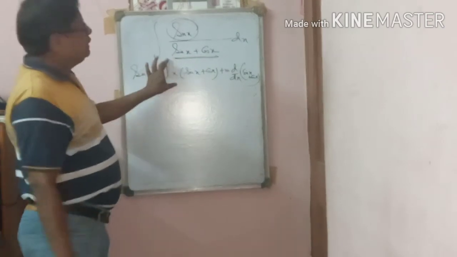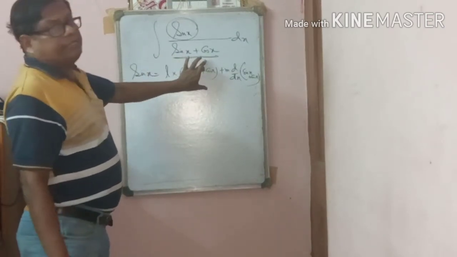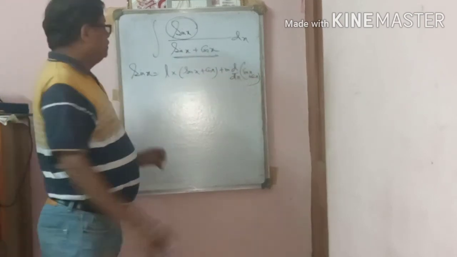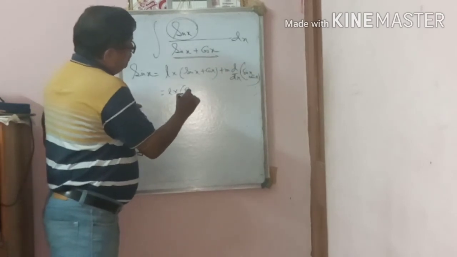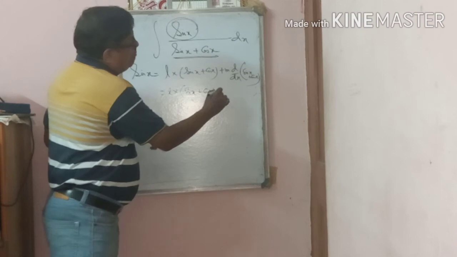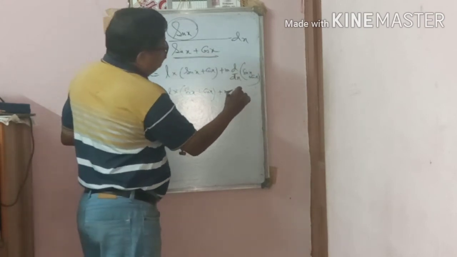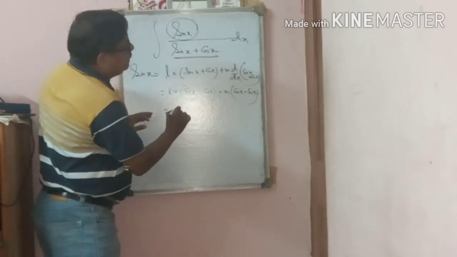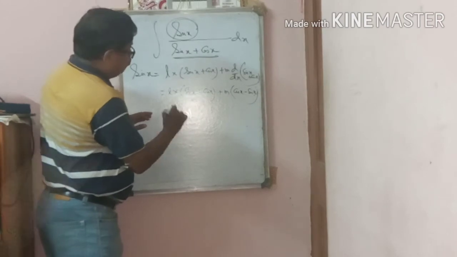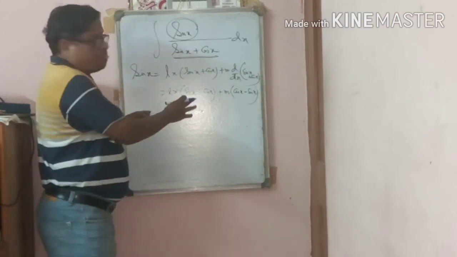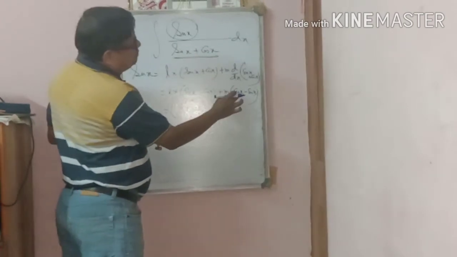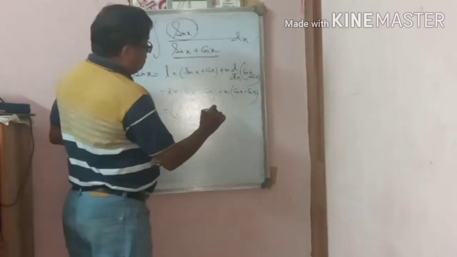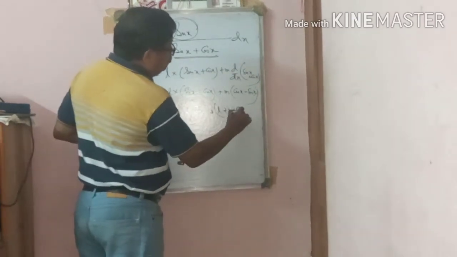So L into sin x plus cos x plus m into cos x minus sin x. Multiply out: L sin x, L cos x, m cos x minus m sin x. So we write L minus m into sin x plus L plus m into cos x.